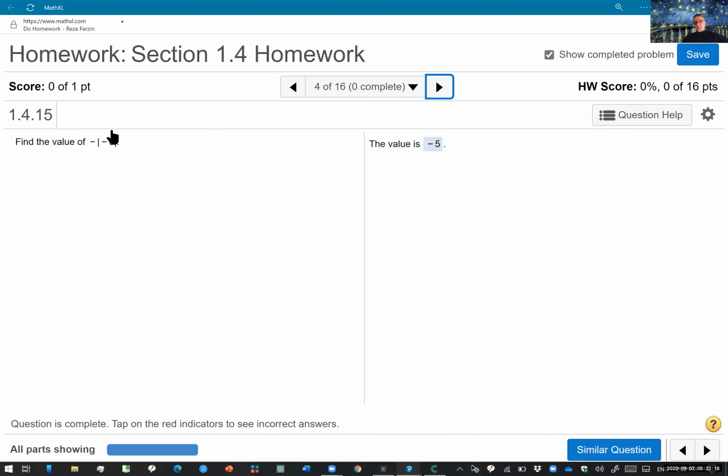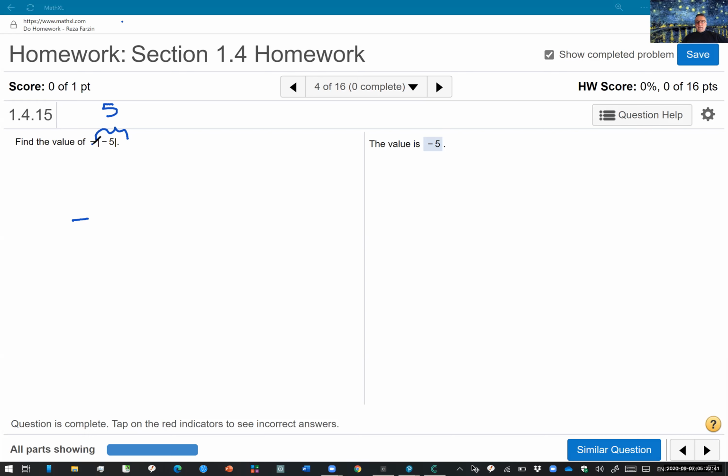Okay, so here with something like this, make sure you take care of the absolute value part first, right? So what is the absolute value of -5? Just this part. Focus on that. What is that? 5. That's 5, right?